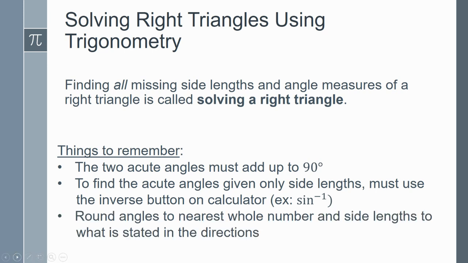And when we're doing our angles, we're always going to round to the nearest whole number unless we're told to do otherwise. As far as the lengths of sides, we'll do whatever is stated in the directions. Sometimes it'll say to the nearest tenth, which is 1 decimal place. Sometimes it might say to the nearest hundredth, which is 2 decimal places.